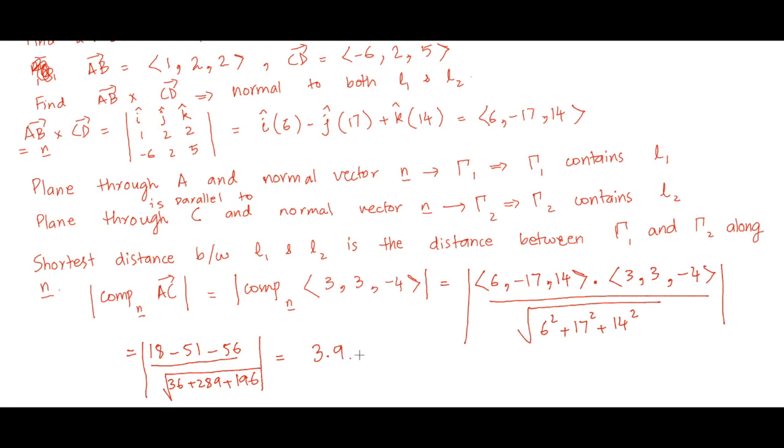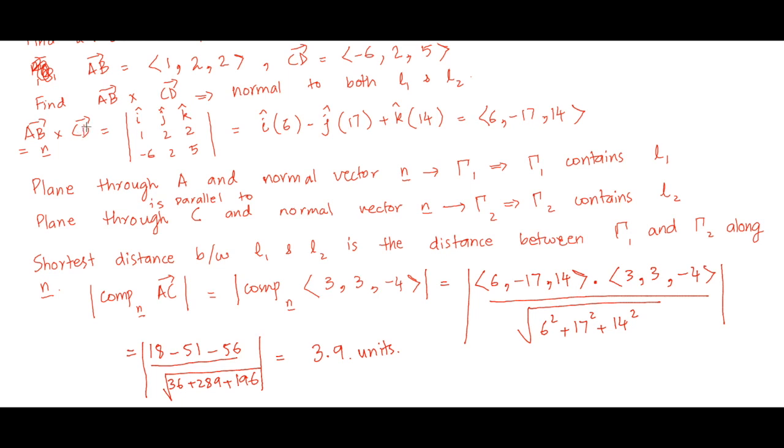Again, if we have to find the distance between two skew lines, we find the normal vector by taking the cross product. That is the normal vector of the planes which contain the lines, and you don't have to take A and C, you can take B and D as well. You can check whether you get the same answer.